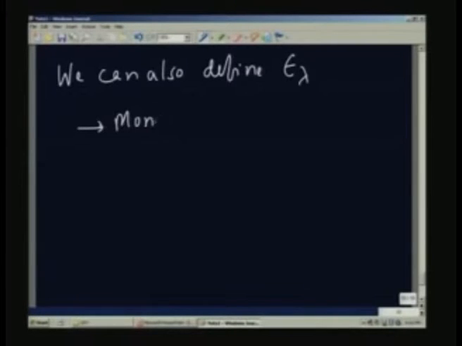So, the actual surface will give some value of emission in that narrow band of wavelength at lambda, and that divided by the corresponding Planck radiation function will give you the emissivity at that particular lambda. In other words, we can also define what is called epsilon lambda, which is also called the monochromatic emissivity.